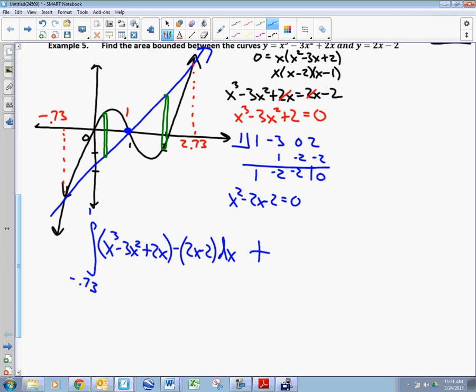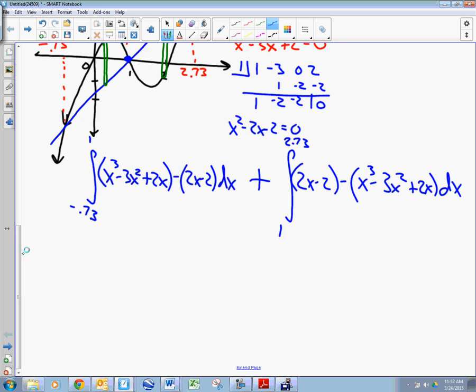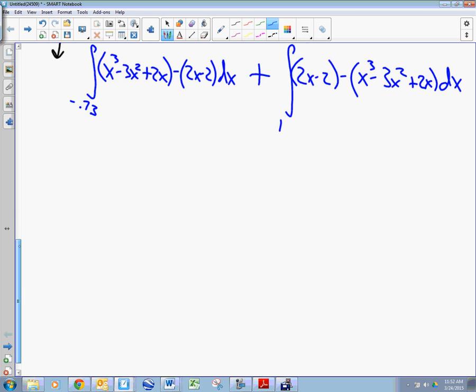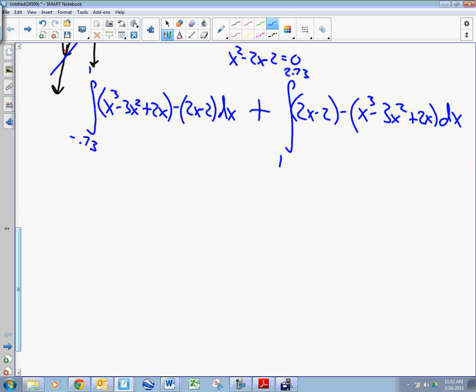And I will add on then the area bounded between 1 and 2.73 of the top function, which is 2x minus 2, minus the bottom function, x to the third minus 3x squared plus 2x, dx. So these are the bounds of integration in the integral that I set up to solve this problem.